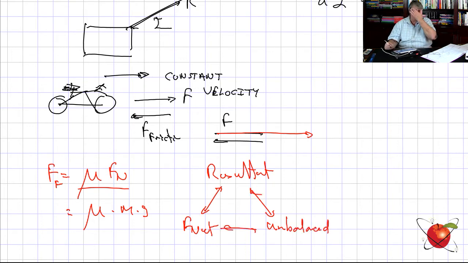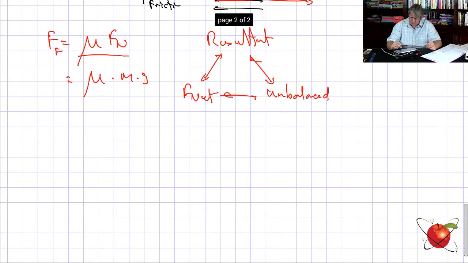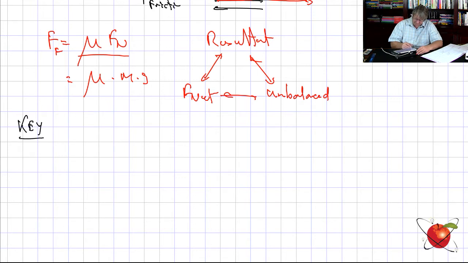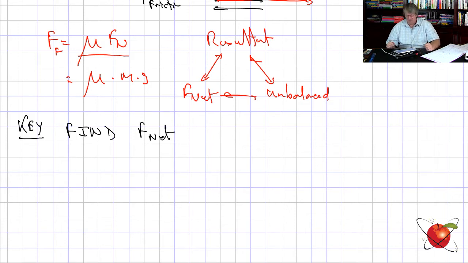They are the same thing. So the key to any problem where we've got the possibility of acceleration is to find F net. Unless, of course, you're given it and asked to go backwards. But that's not a train smash either.